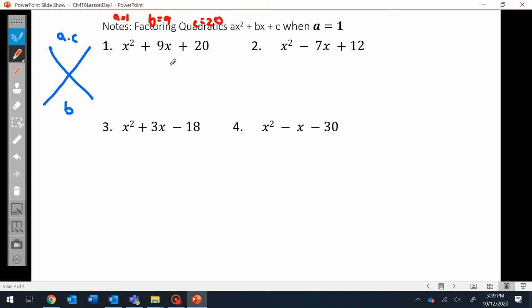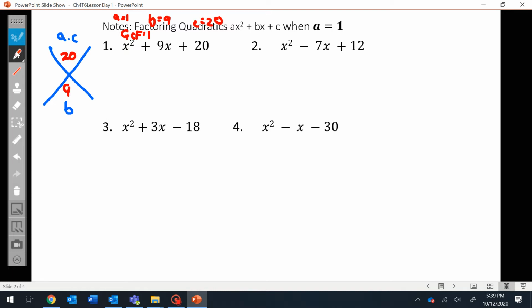Of course, do check for the GCF. The GCF here is 1, so we don't need to factor out the GCF. So a times c would go up here. It's 1 times 20, so up here is 20. And the bottom, b, would be 9.